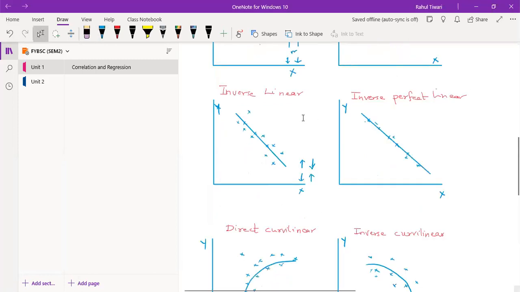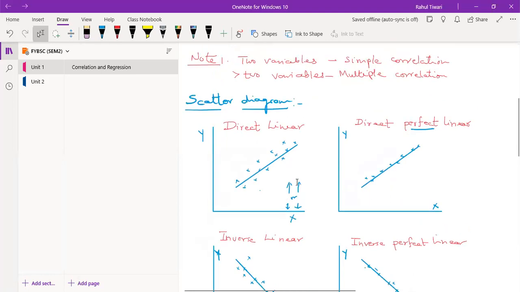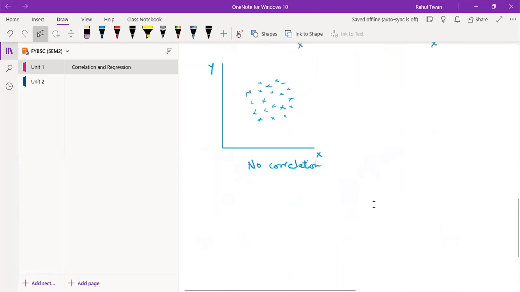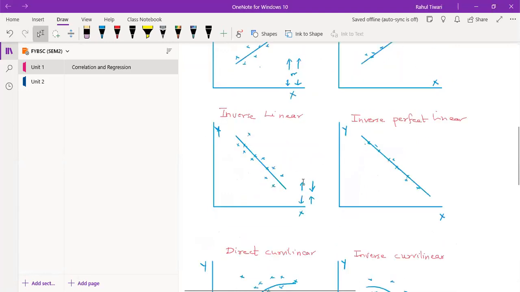As I mentioned, if one is increasing, the other is also increasing, it's a direct relationship. And we call it perfect when the majority of the points are on the line. If one is increasing, the other is decreasing, we call it an inverse linear relationship.